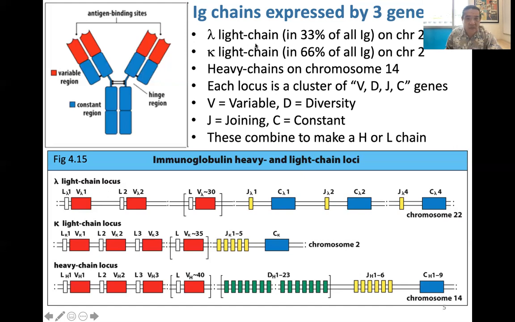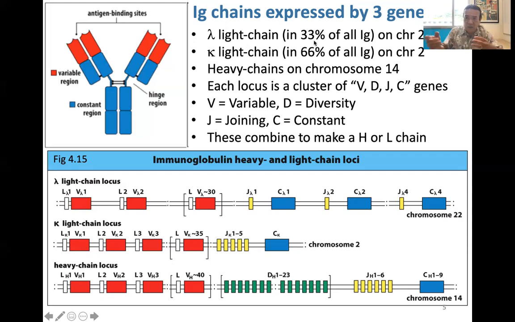We have a lambda light chain on chromosome 22 and a kappa light chain on chromosome 2. So these lambda versus kappa light chains are somewhat interchangeable. In other words, if you were to look at one immunoglobulin molecule that you've isolated and you're studying, it would either have a pair of lambda chains or a pair of kappa chains.